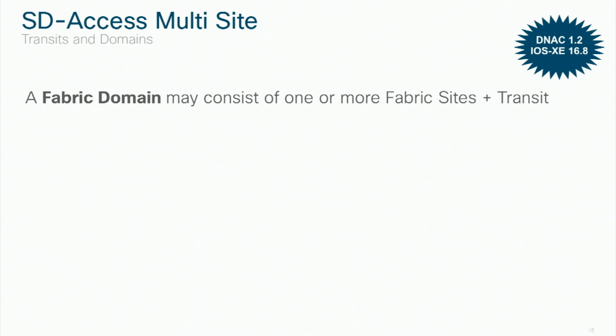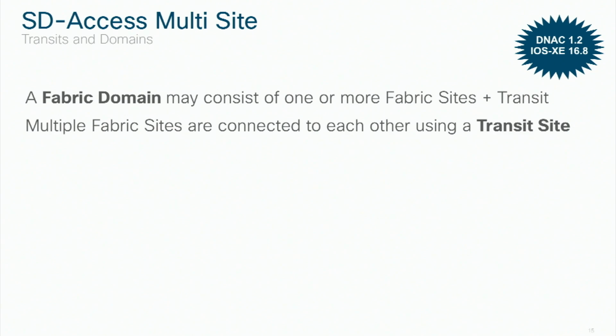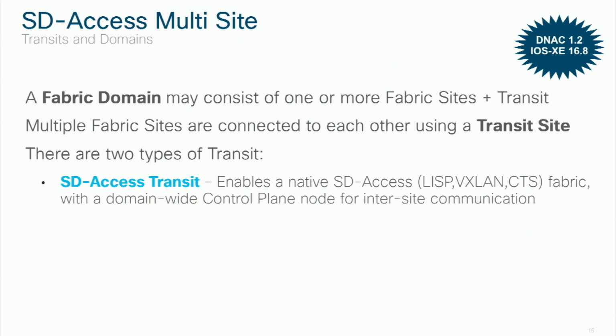Now, this whole thing is a fabric domain, and the fabric domain consists of fabric sites, and the fabric sites are connected by the transit. I think that's become obvious by now. There are two types of transits. There are transit areas that are native SD-Access, basically using the same control plane and encapsulation that we use within the SD-Access sites.